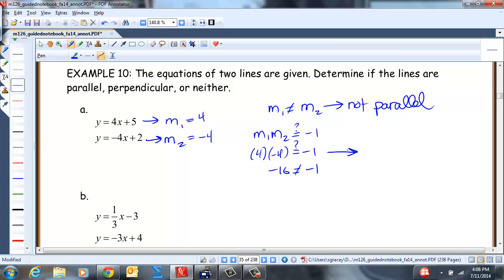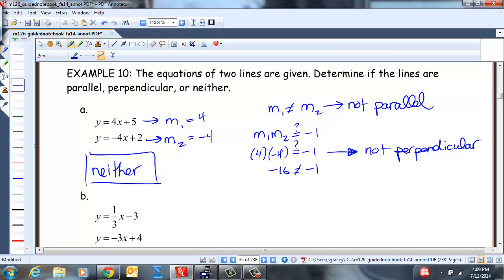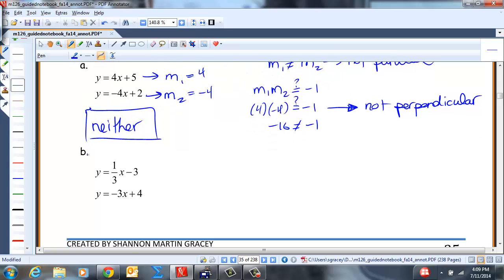So what does that tell us? Not perpendicular. So we would say for our answer, neither.